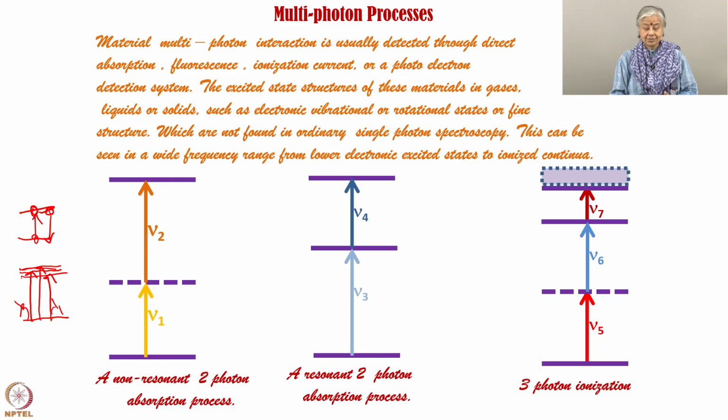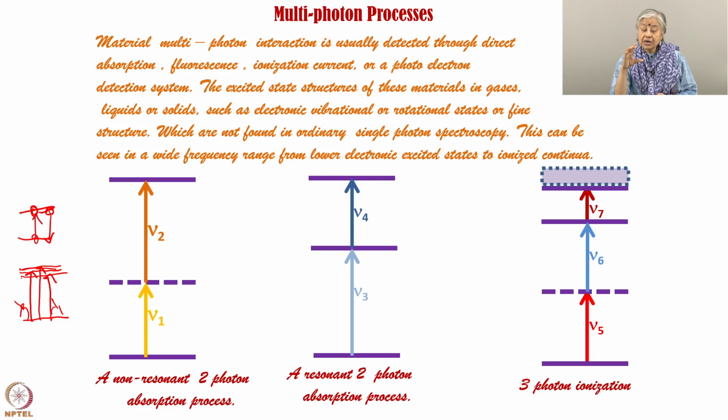A dye laser is a fine example of getting tunability over the visible wavelengths. But you can get tunability over the infrared wavelengths also, and that is also used by the spectroscopists.